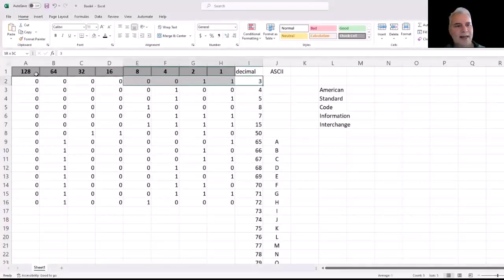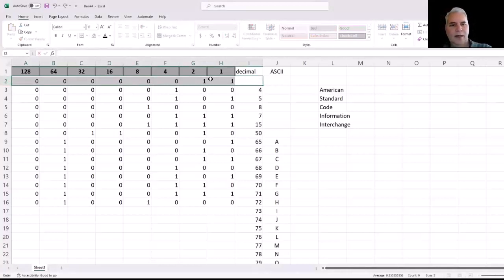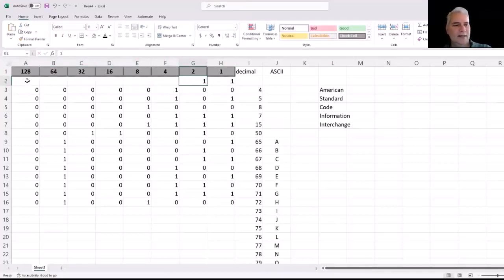The largest number that I can make with 1 byte, let's say, if we turned all of these numbers into ones, so we'll take 128 plus 64 plus 32 plus 16 plus 8 plus 4 plus 2 plus 1, and that's going to equal 255, which gives us how many possible combinations can we make with 1 byte of information? 255 is the largest. Okay, this gives us how many possible combinations?